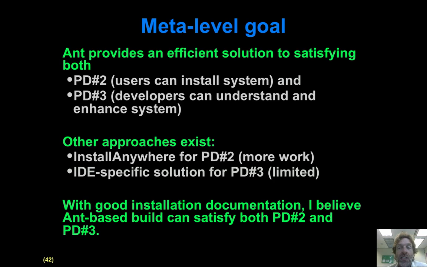Okay, so it's not necessarily the best way to deal with our regular user community, but for the installers and the developers of the system, it's very helpful, not a complete solution, but very helpful for getting us to our goal of satisfying the 2nd and 3rd prime directive. There's other ways we could deal with the installation approach, like using specific packages like InstallAnywhere, but Ant works pretty good for that.